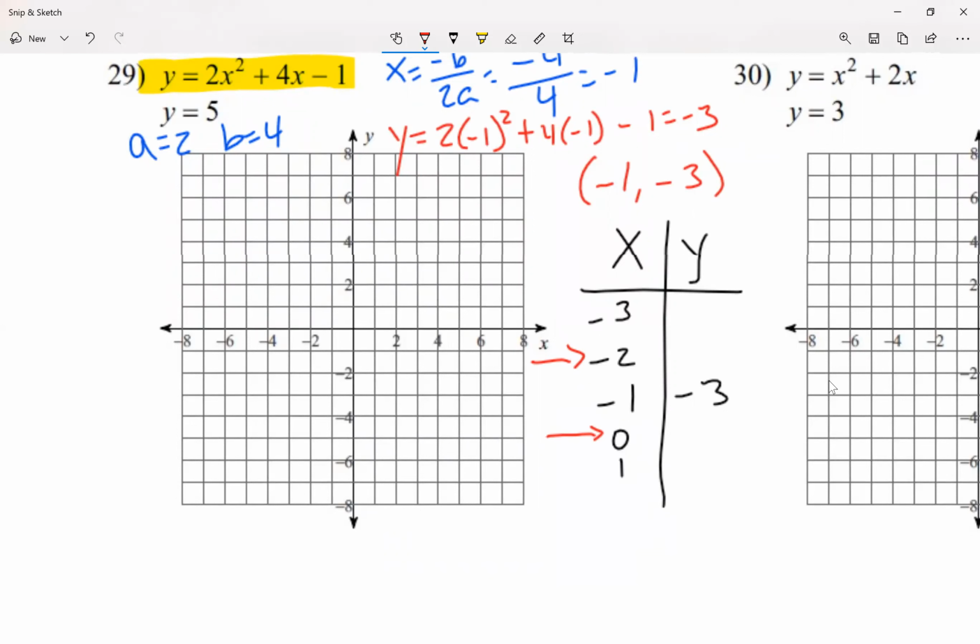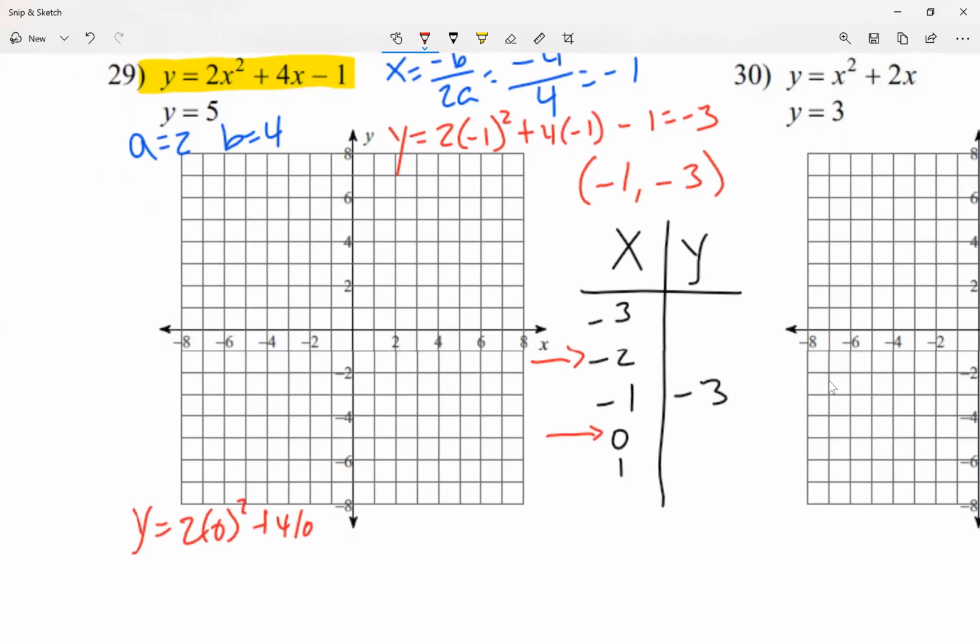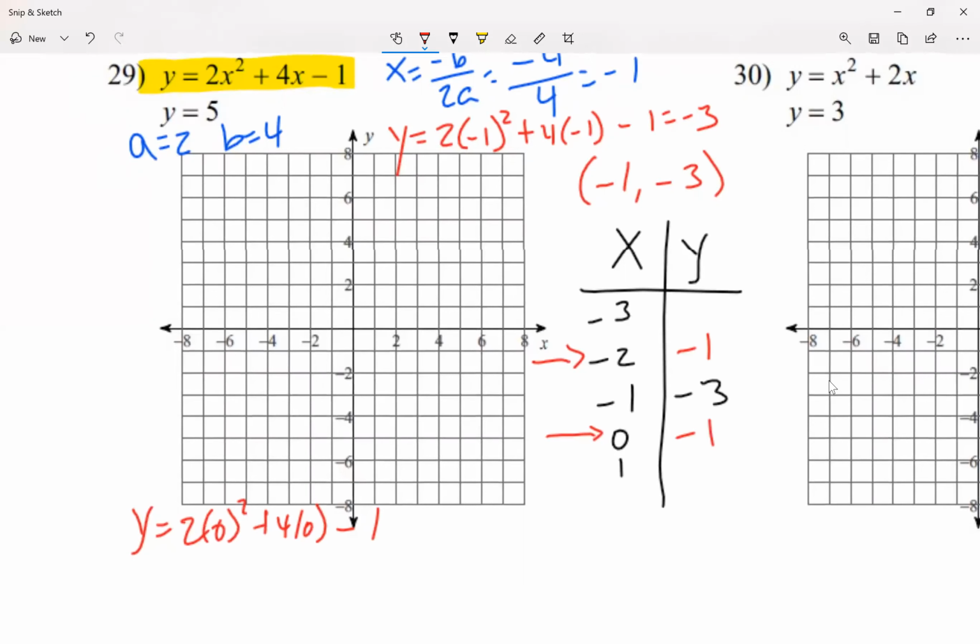I'm going to use one of them, and the other one gets the same y value. So I'm going to use x equals 0. So y is equal to 2 times 0 squared plus 4 times 0 minus 1, and I get that my y value is -1. So these 2 points get -1 for the y value.